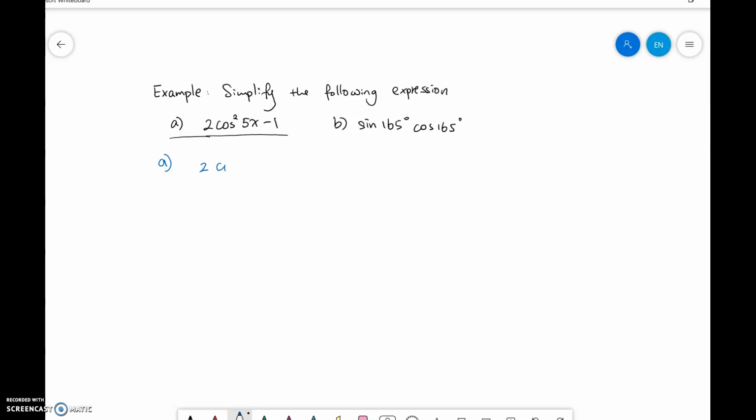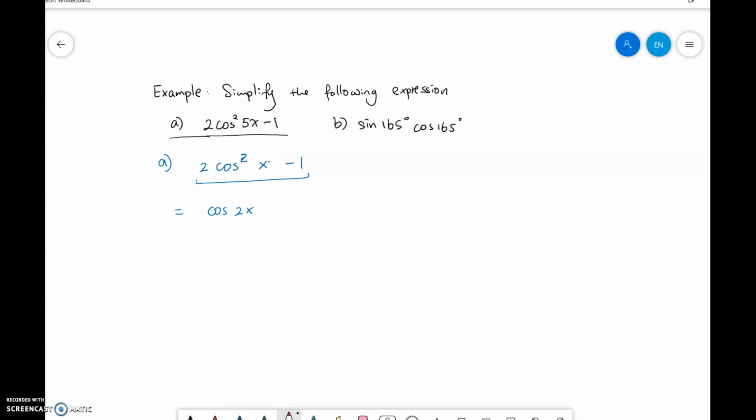When we're looking at 2 times cosine squared 5x minus 1, if we do not have the 5 here, if we just have cosine squared x, this one is actually matching one of the cosine formulas. So this one will equal cosine of 2x.